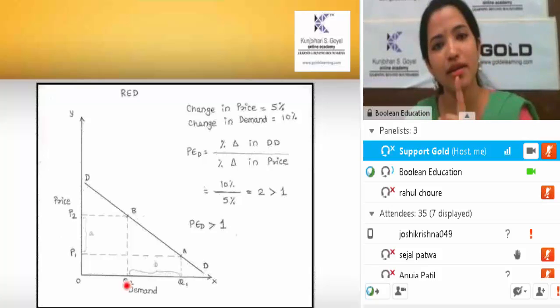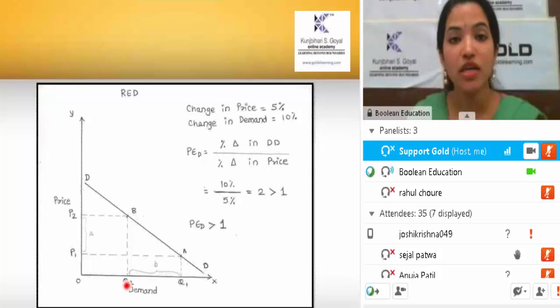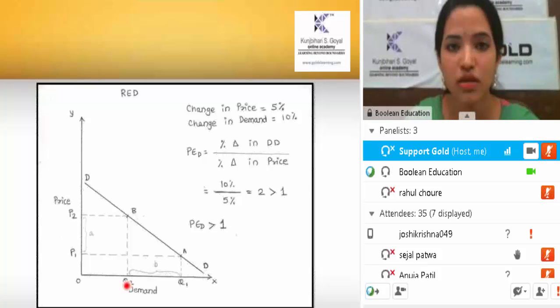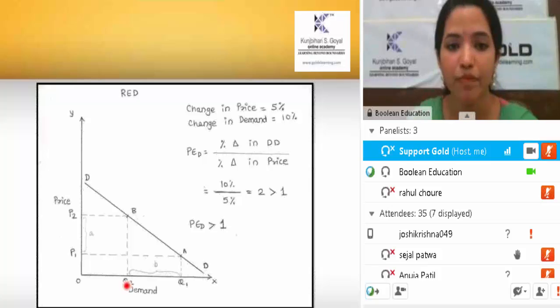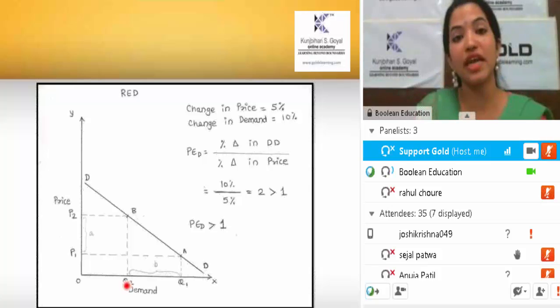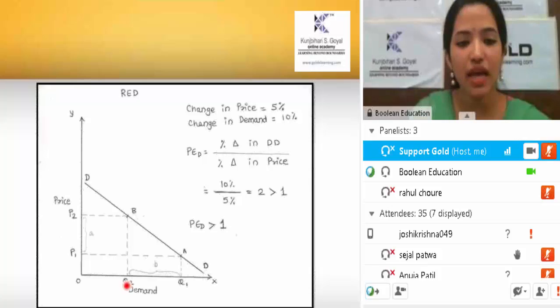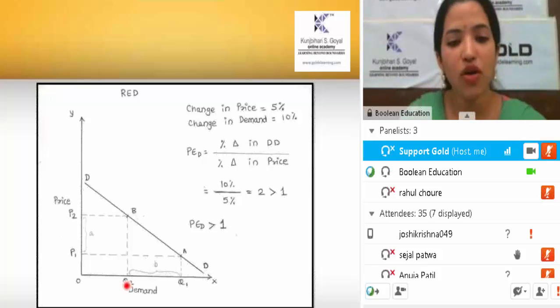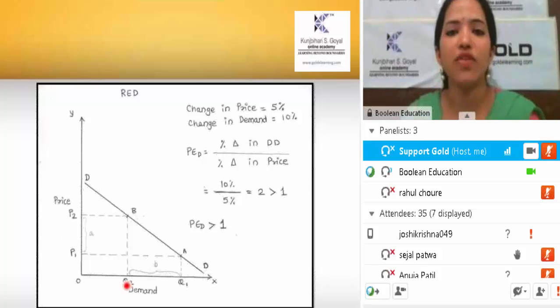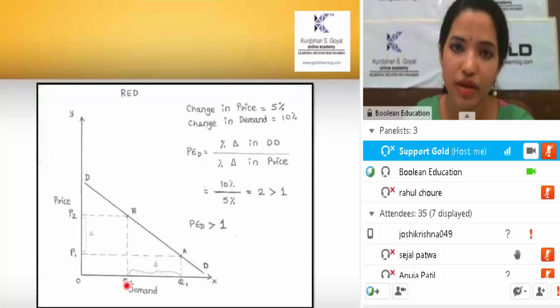2. This number is greater than 1. Right, if it was 1 we would call it unitary elastic. If the answer was 0, we would call it perfectly inelastic. If the answer was infinite, we would say this is perfectly elastic. But your answer is 2, that is greater than 1. Hence here we say that price elasticity of demand is more than 1, greater than 1.